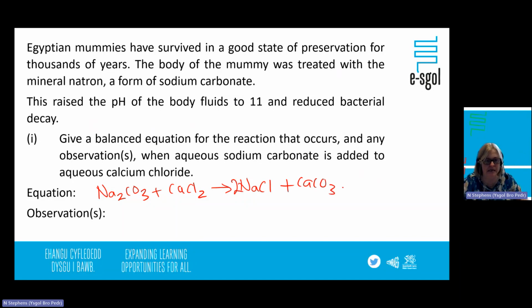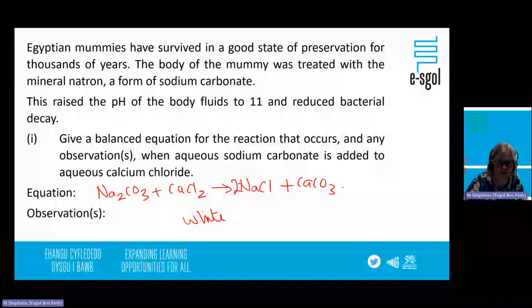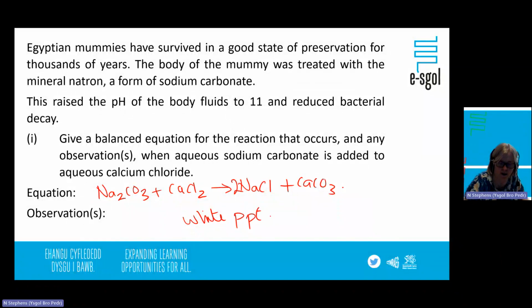But you've created an insoluble carbonate now, because as we know, group 2 carbonates are insoluble. So you would expect, therefore, to get a white PPT created, because all group 2 salts are white, of course. Okay, but be clear that it is that calcium carbonate that's giving that white PPT result.